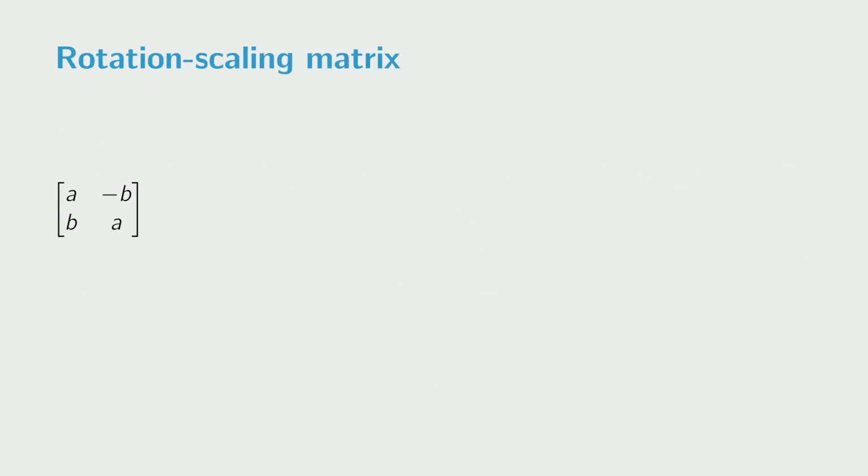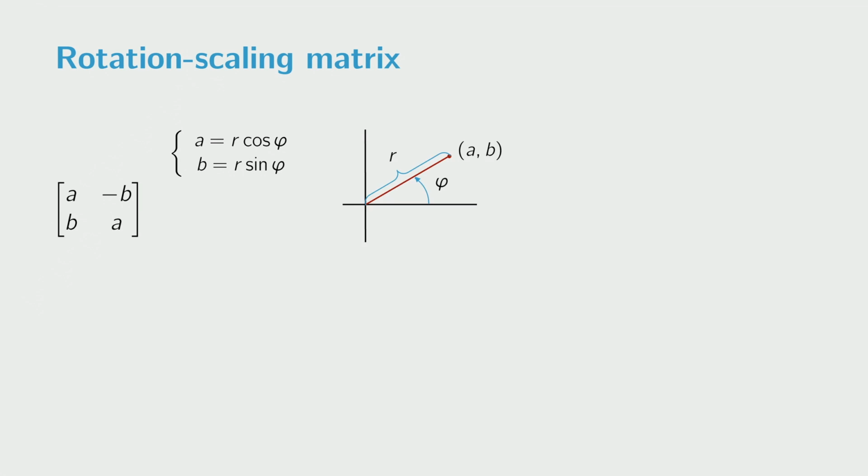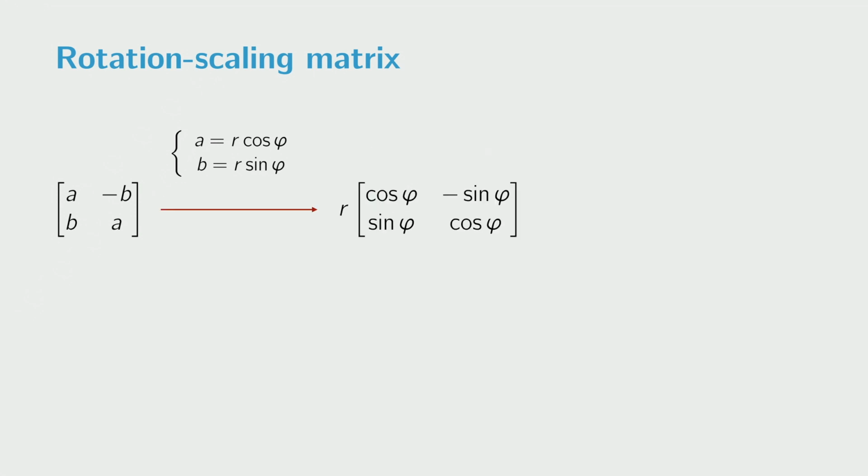The matrix [a, -b; b, a] obviously depends on the two real parameters a and b. Let's write a is r times cosine phi and b is r times sine phi, where r and phi are the usual polar coordinates of the point (a, b) in the plane. In terms of these polar coordinates, our matrix is equal to the matrix shown here.